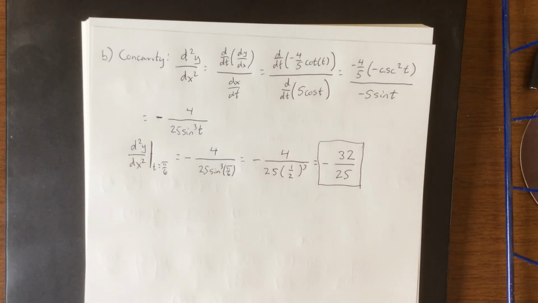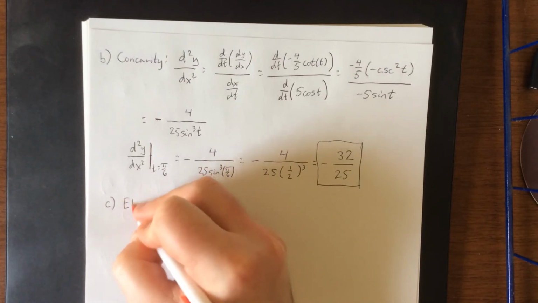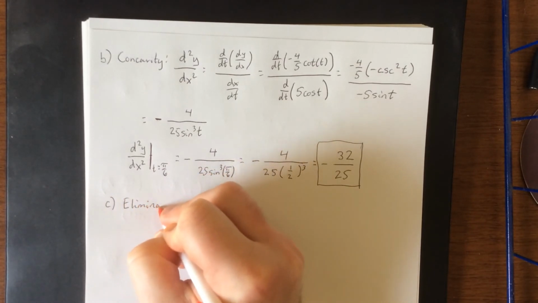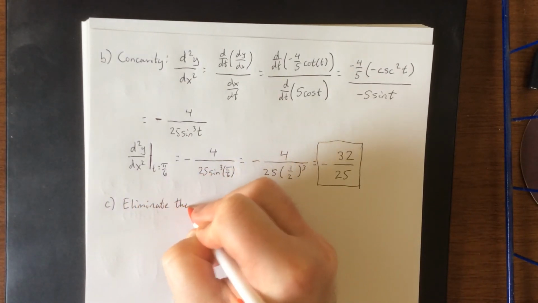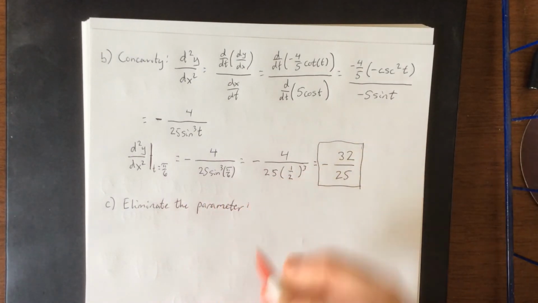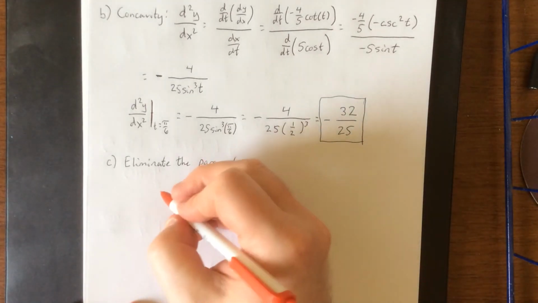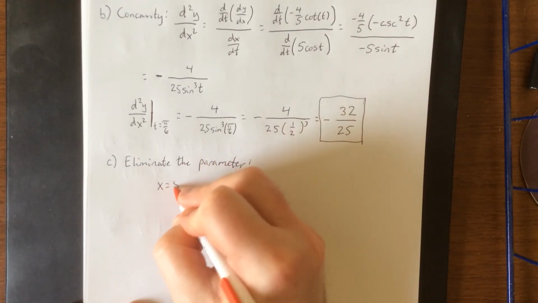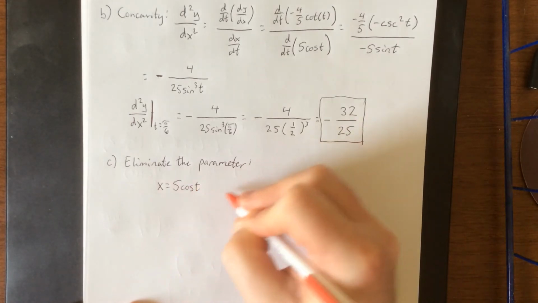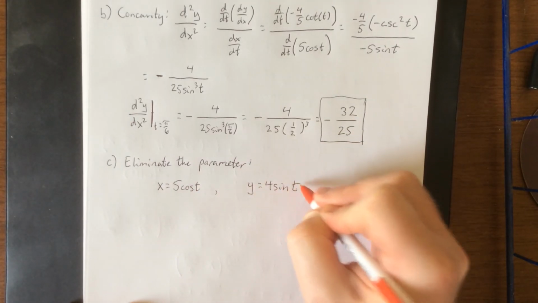Now, to get a better idea of what this thing actually looks like and what we just calculated, what I'd like to do is eliminate the parameter. So first things first, let's recopy down our original parametric equations. It was x is equal to 5 times the cosine of t, and y is equal to 4 times the sine of t.